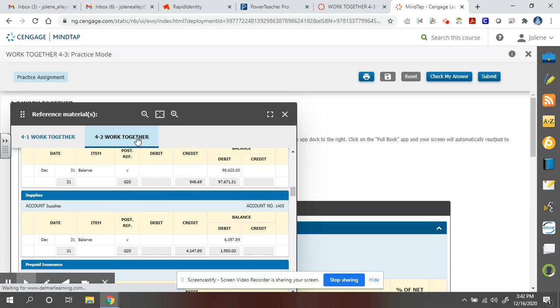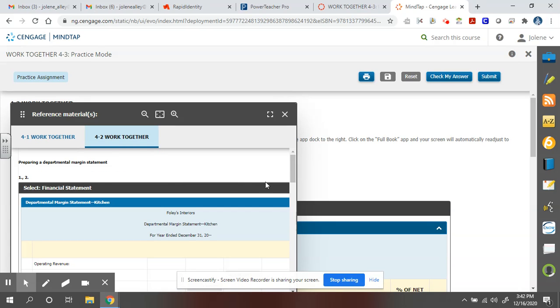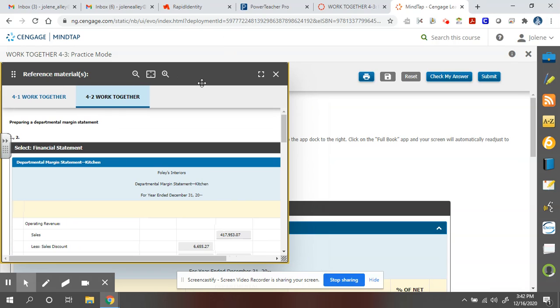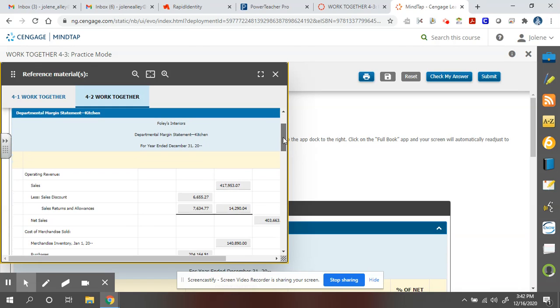Let me look at 4-2. Yep, 4-2, the departmental margin statement. This is what's needed to give you your information to fill in our income statement.